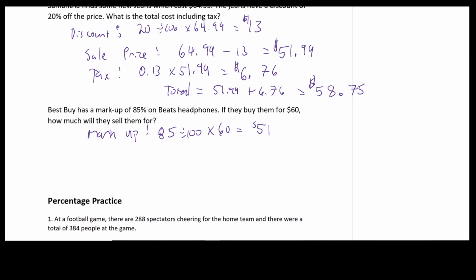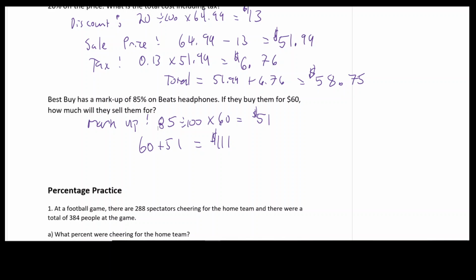It's a grand total of $51 that they're marking up the price. So they buy them for 60, they mark them up an additional 51. So you add those up and they would put a price tag on those headphones of $111. And then they charge you tax after that. This question doesn't mention tax, so you don't have to calculate it. It's how much the store is selling them for. They would have a price tag of $111 on it.